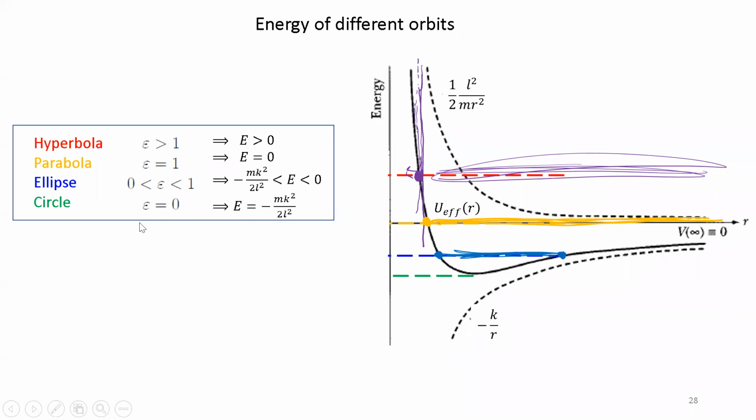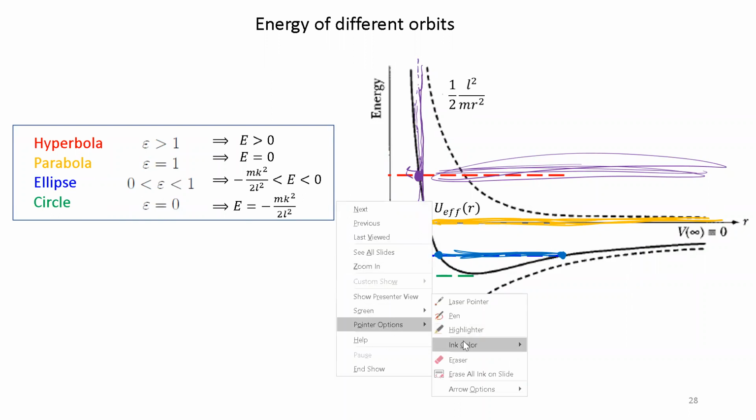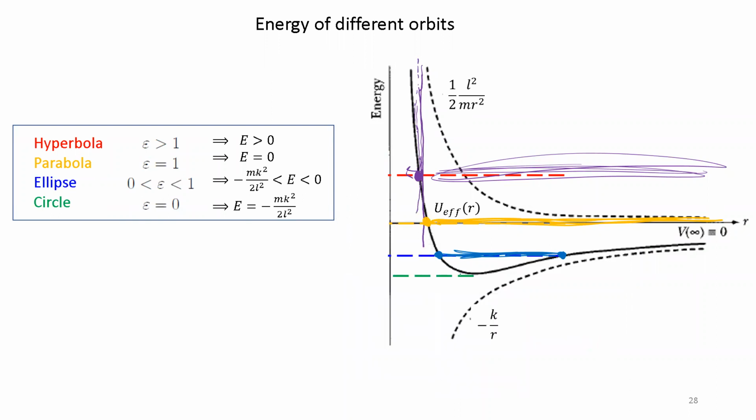Finally, if your energy is exactly at the minimum value of the potential curve, then if you treat it as a one-dimensional problem, you will say that the particle really cannot move anywhere but stay here.